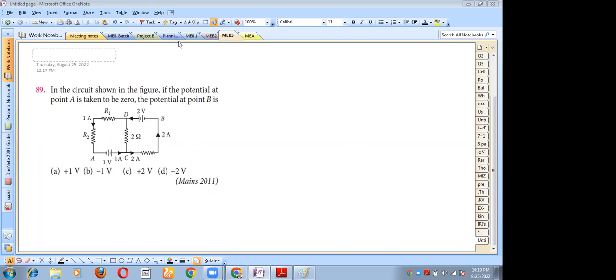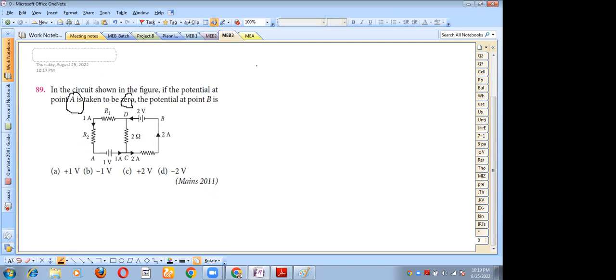So let us see. According to the question, it says in the circuit shown in the figure, if the potential at point A is taken to be 0.